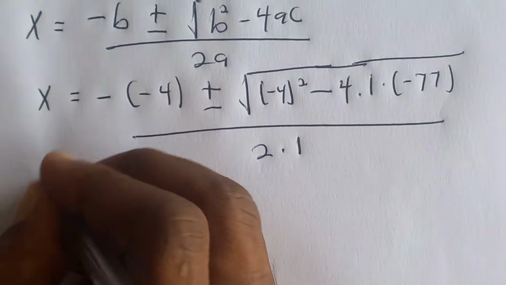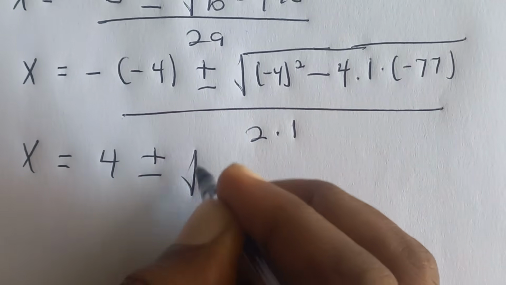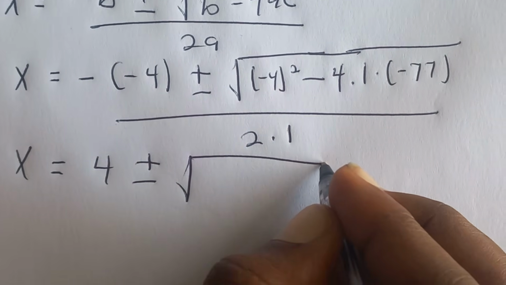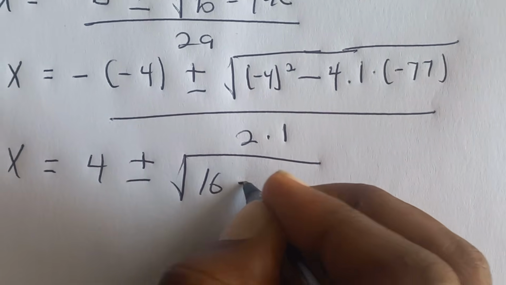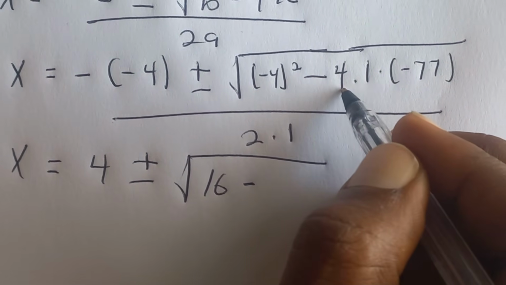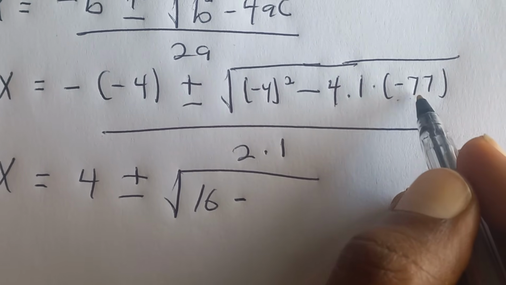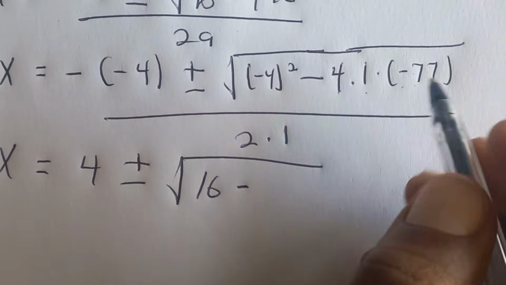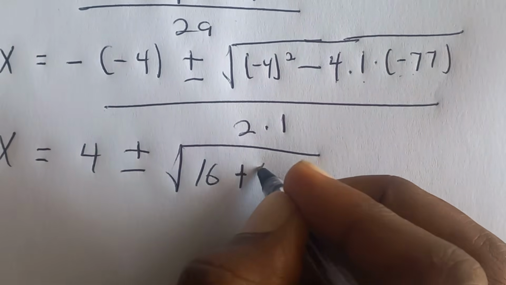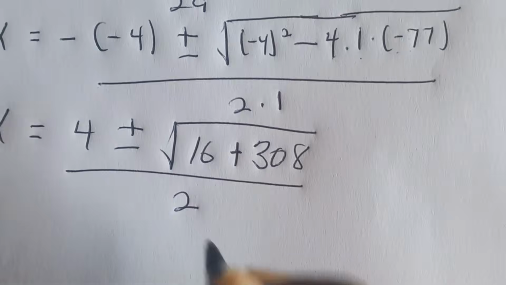So our x is equal to 4 plus or minus square root of, now with this we get 16 minus, negative 4 times negative 77, we are getting 308. So 16 plus 308, all over 2.